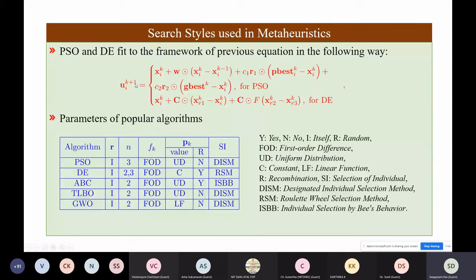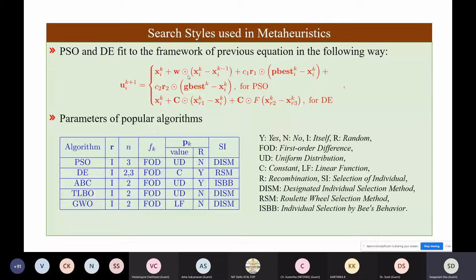This symbol means Hadamard product, which is basically a component-wise or entry-wise product between the two vectors. If we go for such a Hadamard product, you will see that the equation of differential evolution nicely fits into it. Also the PSO. The first one is for PSO and the second one is for DE.